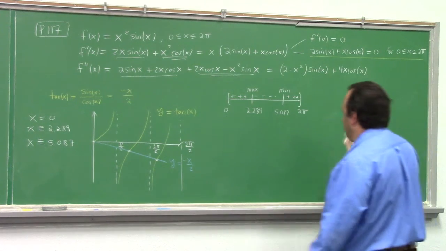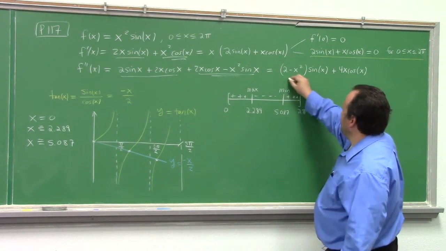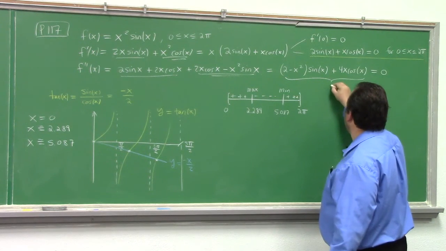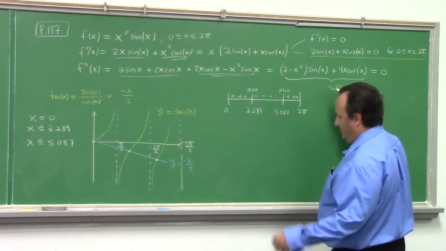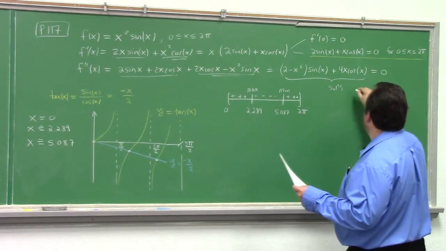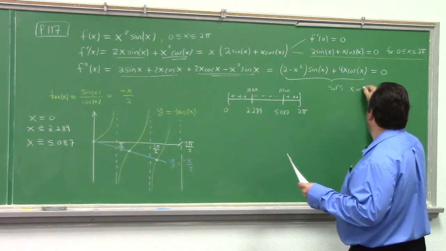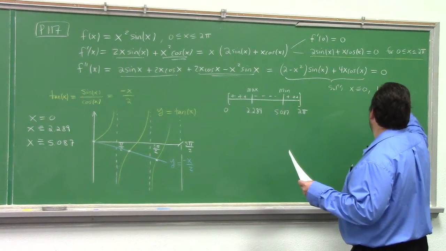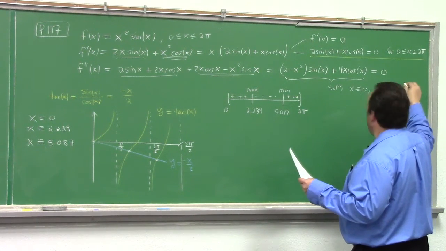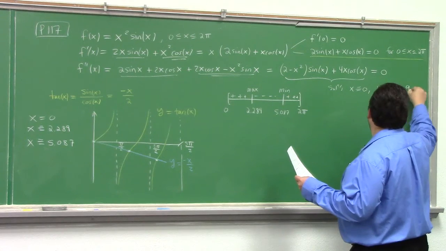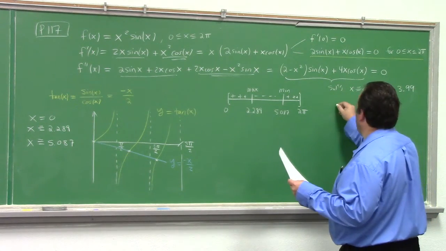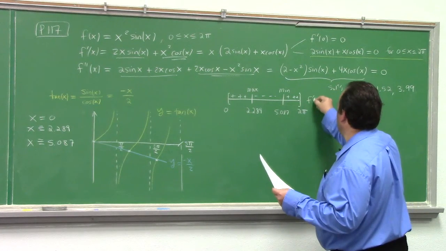Anyway, long story short, if we use technology and set this equal to 0, it has solutions 0, 1.52, and 3.99. And so the second derivative, this is the first derivative.